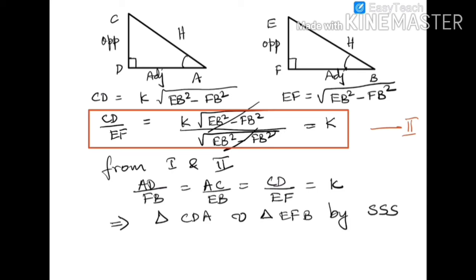Side, side, side. And if the two triangles are similar, we can say their corresponding angles are equal. So this implies angle A is equal to angle B. These are corresponding angles of similar triangles. And hence we have arrived at the result.